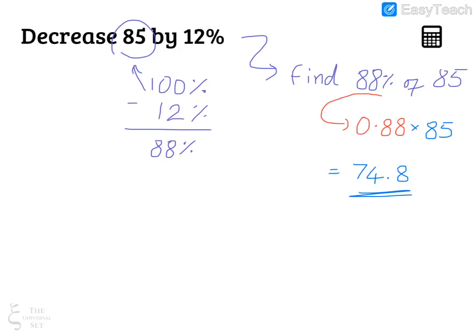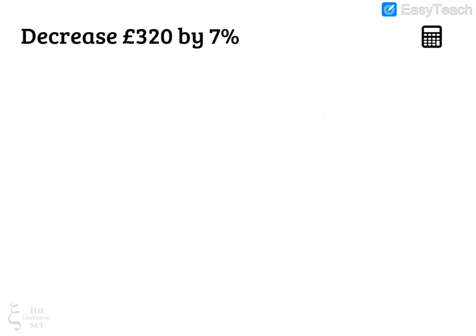Okay, let's try another of those. This time we're going to decrease £320 by 7%. So again, we're going to start off by assuming that this is my 100%, and I'm decreasing by 7%. So what percentage am I going to be left with after I've done that decreasing?